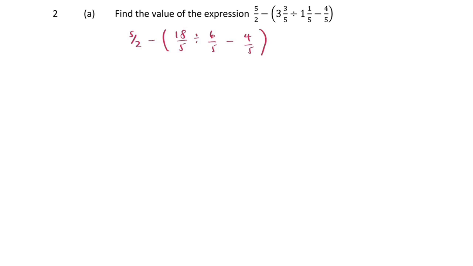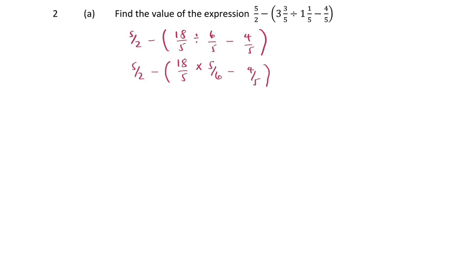Okay, so next we are going to do the division operation by replacing it with multiplication and exchanging the numerator with the denominator for the fraction 6 over 5. Then our expression is going to be 5 over 2 minus, in brackets, 18 over 5 times 5 over 6 minus 4 over 5. Okay, so next we are going to find the product of these two values.